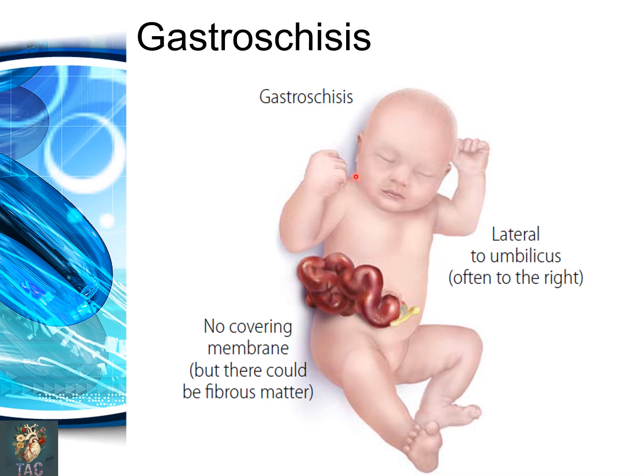So gastroschisis is present just lateral to the umbilical ring, usually on the right side of the umbilicus, while omphalocele is through the umbilical ring. Third important differentiating point is that there is no covering membrane and no amniotic covering. Both of these conditions are diagnosed in prenatal life in the second or third trimester with ultrasound examination.